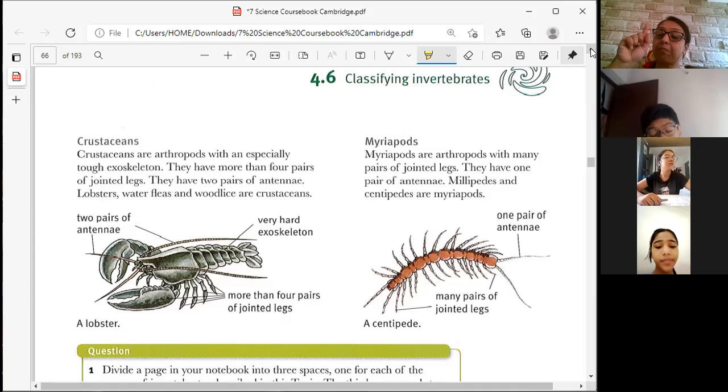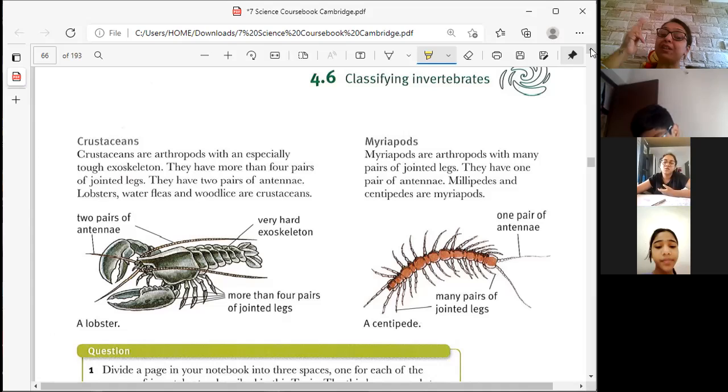Yes, ma'am. So I repeat, we are doing classification of invertebrates. They said that there are many groups. We are doing only a few of them. The first one in invertebrates we did was Molluscs. The second one we did was Annelids. The third one we did was Arthropoda or Arthropods.